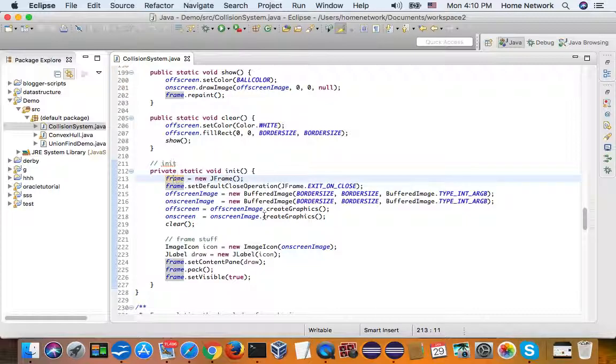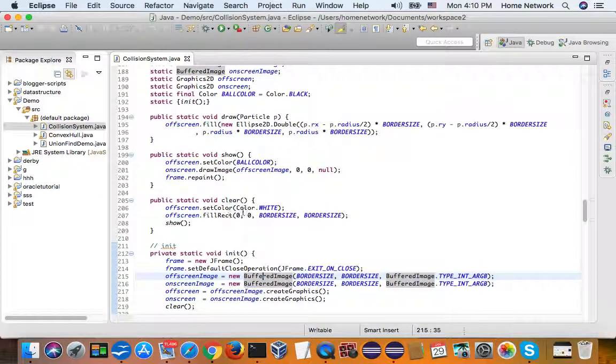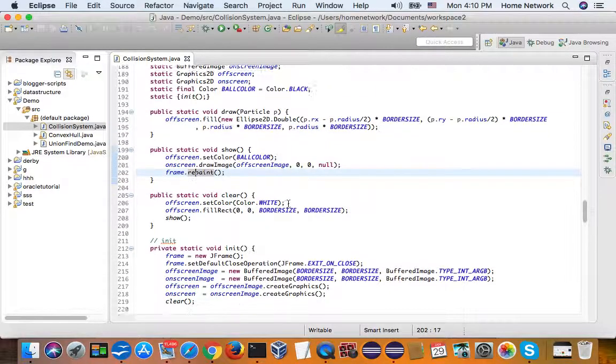It's basically a JFrame with a buffered image. When we try to clear, we just draw a big square and cover the existing picture. When we try to draw a particle, we just add some circles to the existing graph. When we show, we do a repaint.